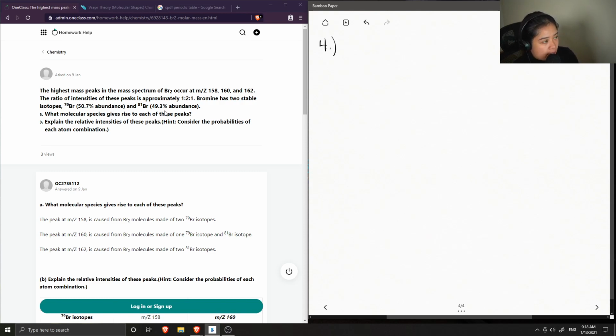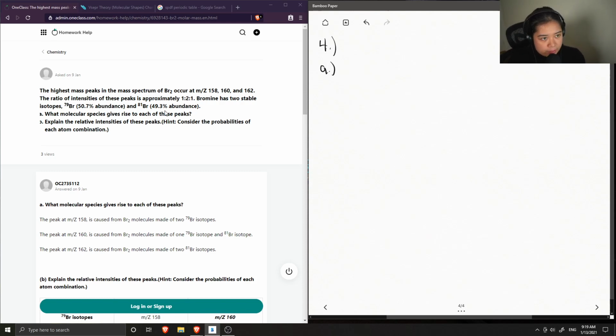The ratio of intensities of these peaks is approximately 1:2:1, and bromine has 2 stable isotopes, bromine 79 at a 50.7% abundance, and bromine 81, which is a 49.3% abundance. Part A, what molecular species gives rise to each of these peaks? And part B, explain the relative intensities of these peaks. A hint is to consider the probabilities of each atom combination.